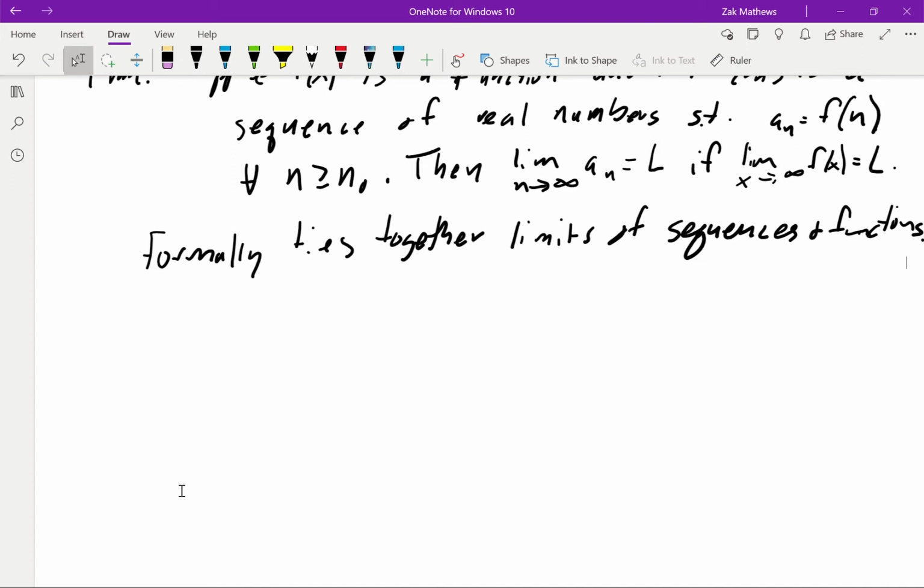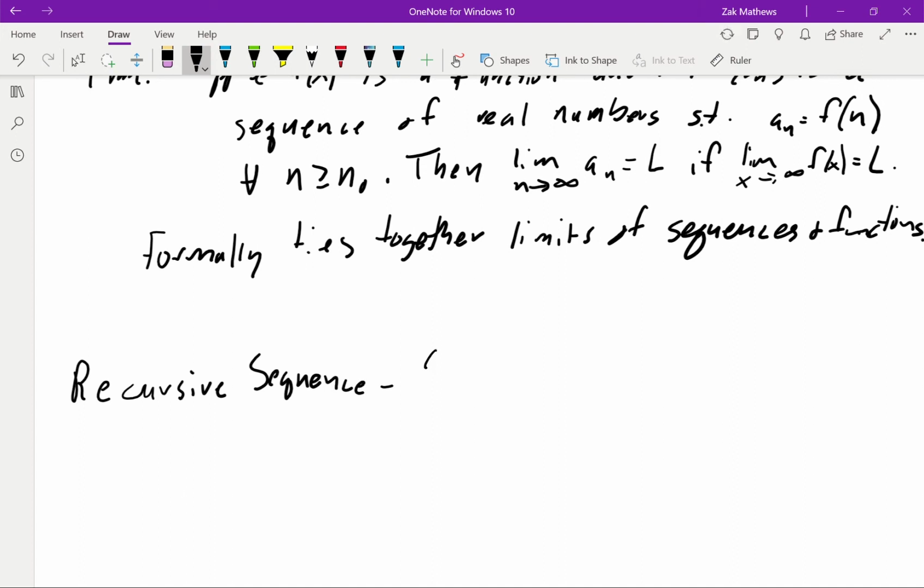I want to talk about one last type of sequence, and I do recommend that you get lots of practice looking at convergence and divergence. The last type is a recursive sequence.